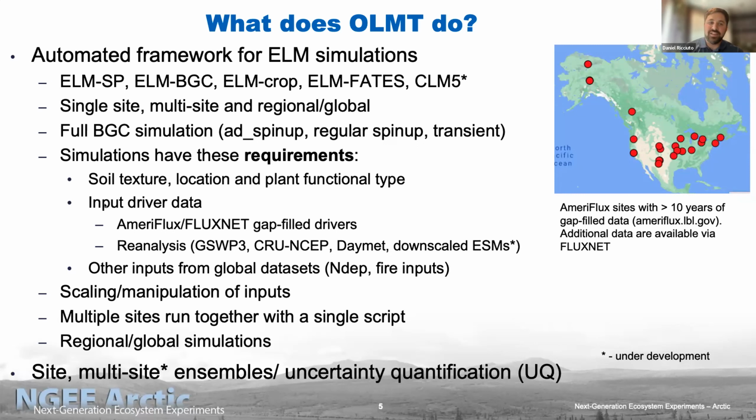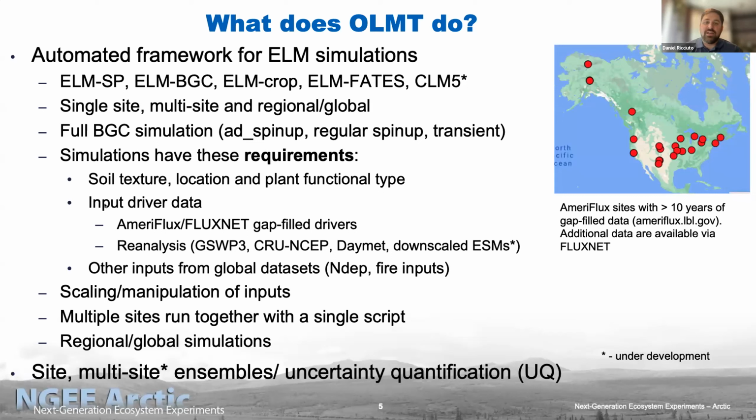There are two phases of that spin up: an accelerated decomposition and then a regular spin up, both generally running for several hundred years. Then we initialize at 1850 to start the transient run, during which we can have CO2 concentrations changing over time, land use, nitrogen deposition, and climate.